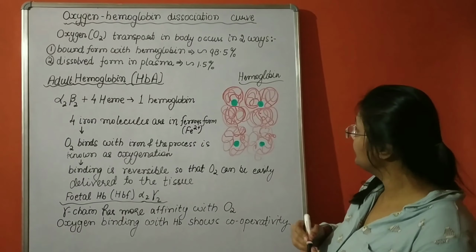We represent them as alpha 2 and beta 2. The structures in green color, the green dots, are the heme, the iron part of hemoglobin. So basically it has 2 parts: the polypeptide part, the proteinaceous part, and 4 heme iron molecules which combine with each other to form one hemoglobin molecule.